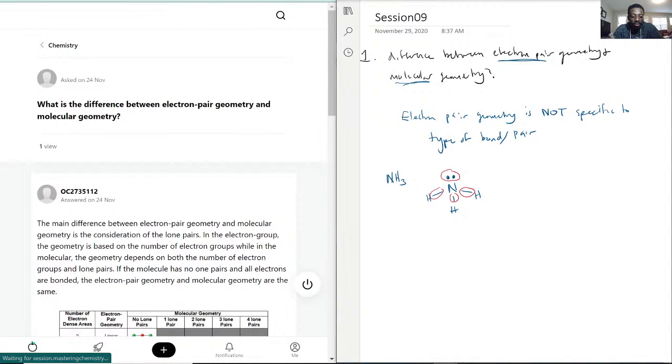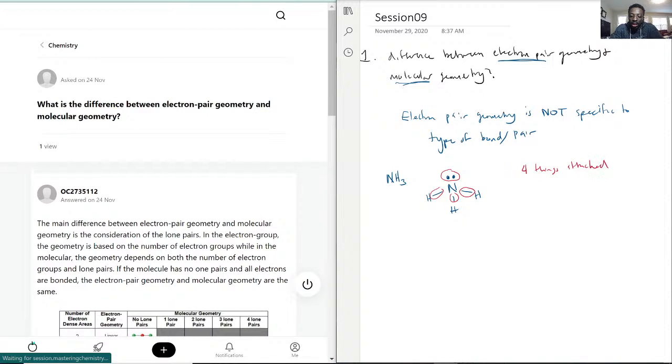So the electron pair geometry is literally just based on how many things are attached to the nitrogen. In this case, it is based on 4, not in terms of the electron number, but 4 in regards to the things attached to nitrogen.